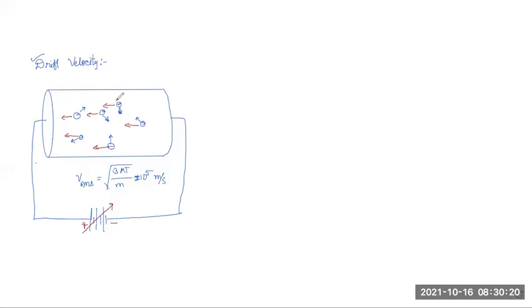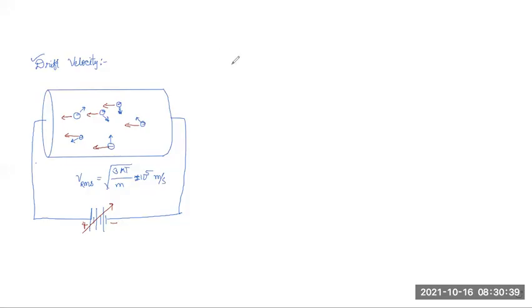We are repeating: drift velocity is the average velocity with which the free electrons in a conductor get drifted under the influence of the external electric field applied.